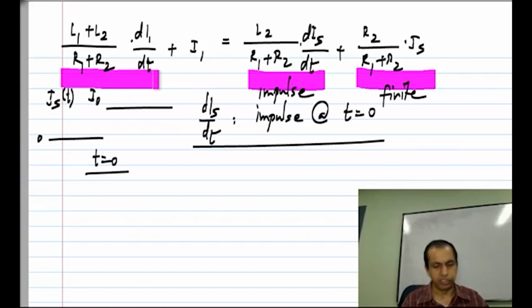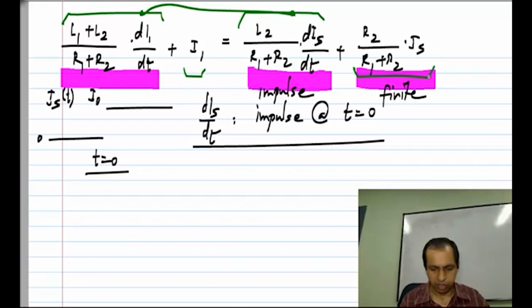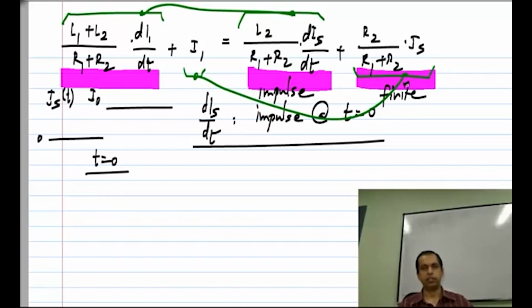So, this part which is an impulse balances this part which is also an impulse, and this part which is finite will balance that part which is also finite. This is just at the instant of the step.